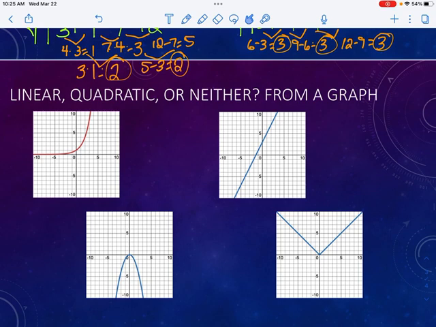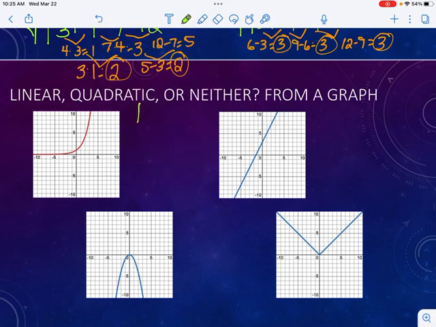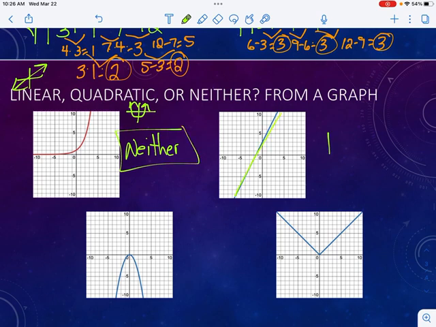Okay, so we're going to start on a graph. So if I look at this graph, remember that our quadratic equation is in the U shape. Our linear is in a line. Okay, so when I look at this first one, it is neither one of those pictures. So the first one here is a neither. The second one over here, I have this line going, so this is a linear. The one in the bottom left here, if you notice, that is the U shape.